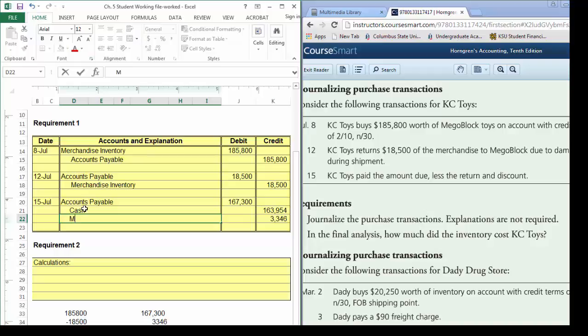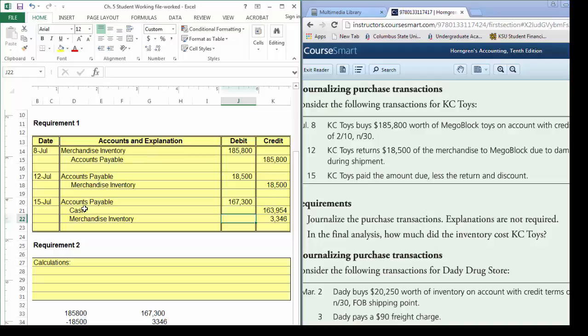So we want to reduce that merchandise inventory account so that the balance in that account equals what we actually paid for it. That's why our discount is going to merchandise inventory. So we're going to reduce merchandise inventory. So those are our 3 journal entries for this problem.